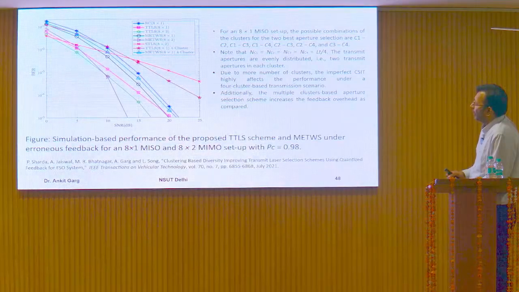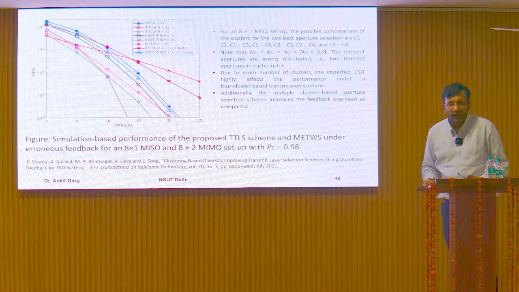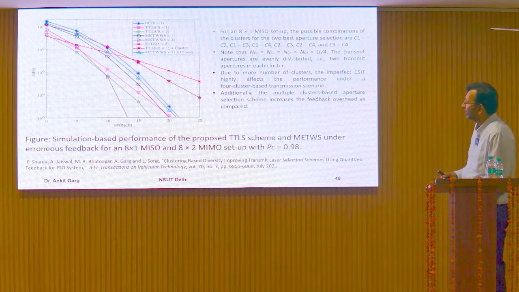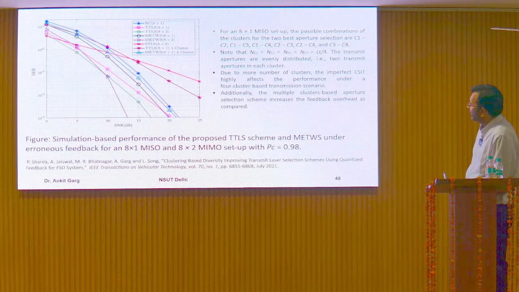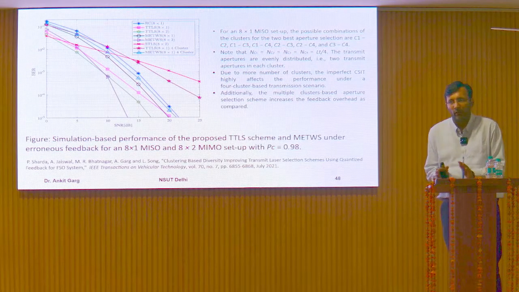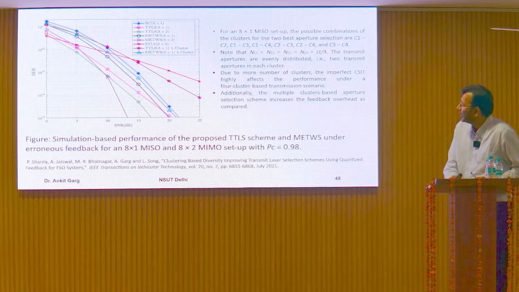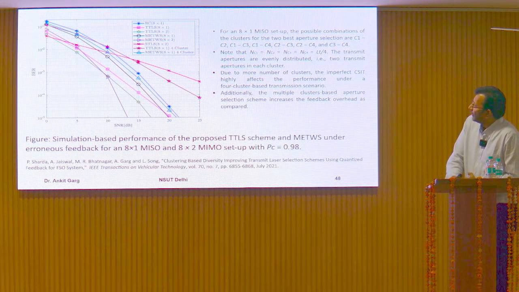Now, the MIMO case and the larger number of transmit antenna selection case, including this modified error tolerant weighing scheme, is depicted in this graph, right? It's a complex graph. So let's start with the RC 8 cross 1. As I've told you, RC means equal power allocation, giving equal power to all the transmitter selections, right? So this is represented by this blue asterisk. Then we have TTLS 8 cross 1, right?